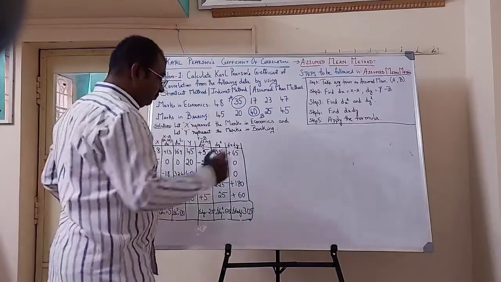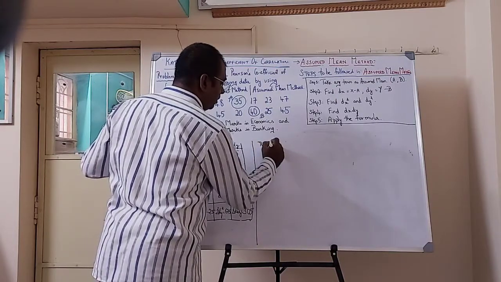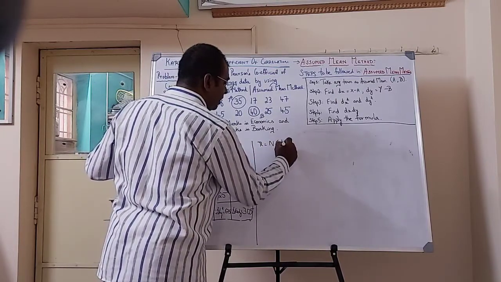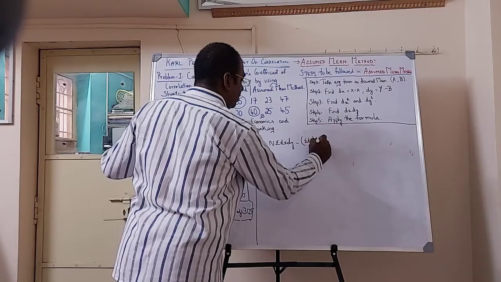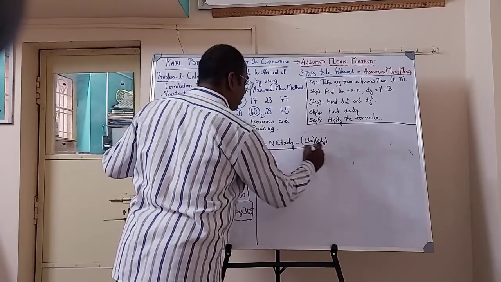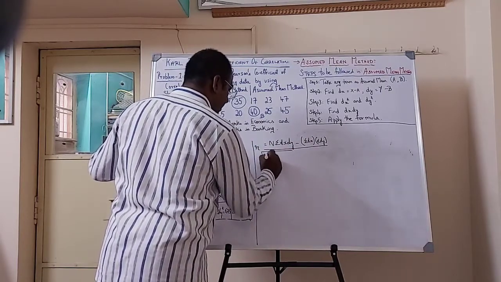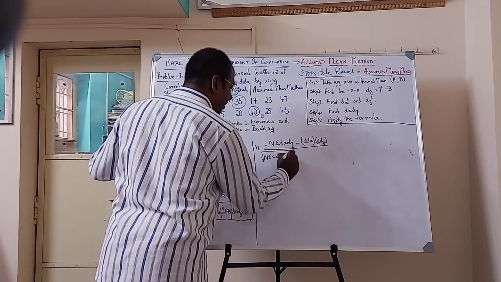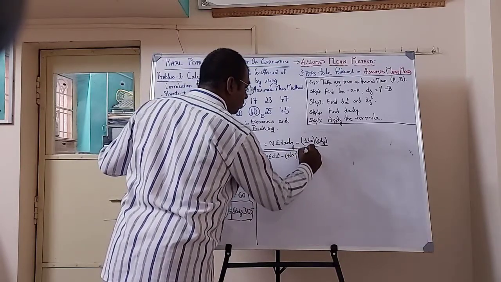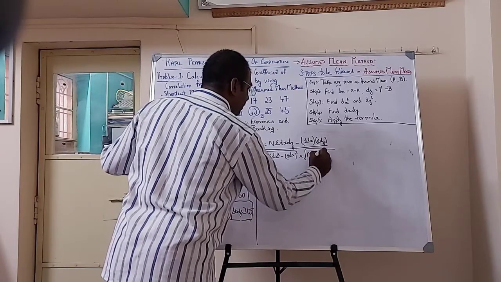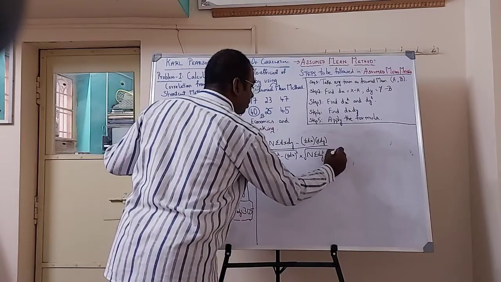So now we have completed all the 4 steps, and now let us go to the 5th step, applying the formula. The formula of correlation, R is equal to n sigma dx dy minus sigma dx into sigma dy divided by square root of n sigma dx square minus sigma dx the whole square into square root of n sigma dy square minus sigma dy the whole square.